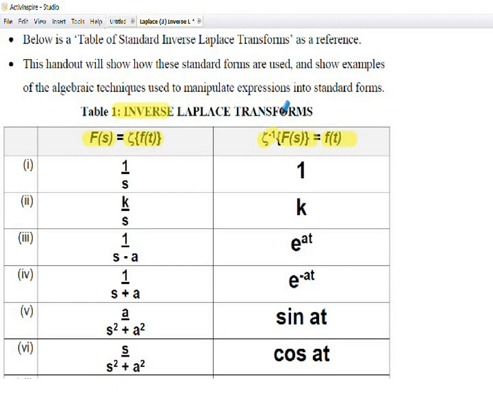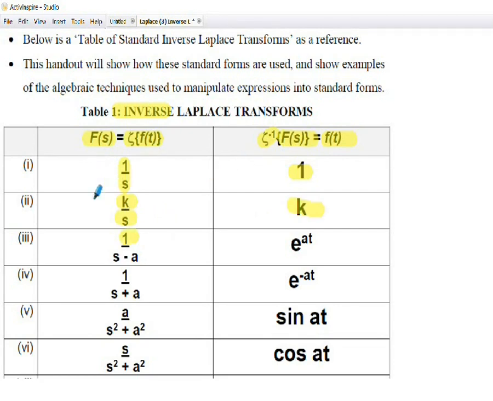For example, if we take 1 upon s as our Laplace transform, the inverse Laplace transform function is 1 in the time domain. If our Laplace transform is k upon s, then our inverse Laplace transform will give us k.